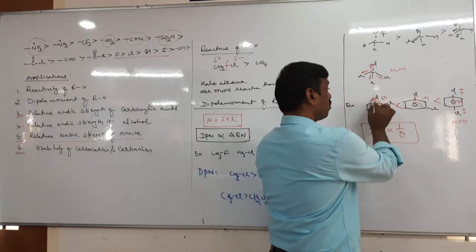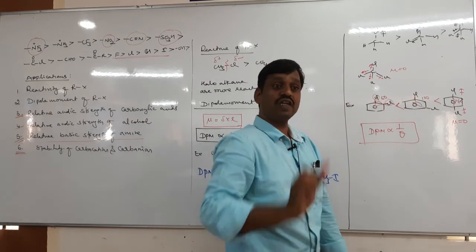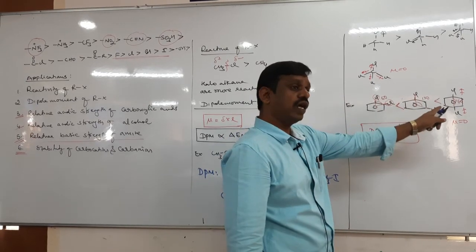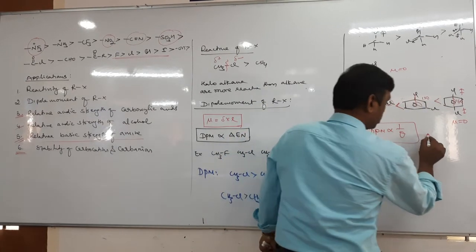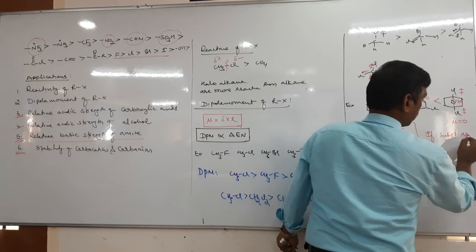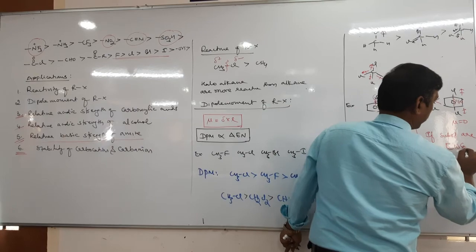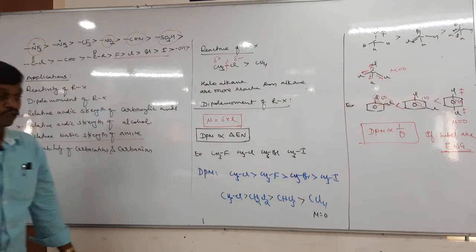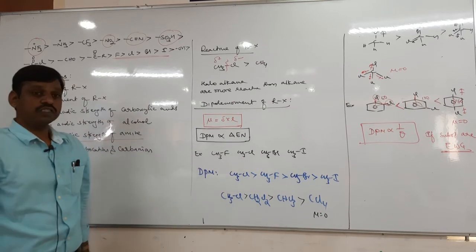There should be electron withdrawing groups, not electron releasing. These halogens are electron withdrawing groups. If the substituents are electron withdrawing groups, dipole moment is inversely proportional to theta.